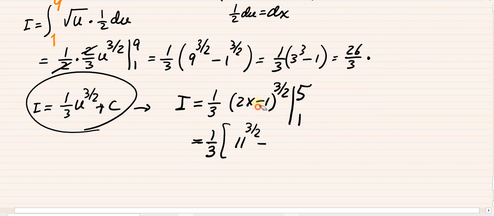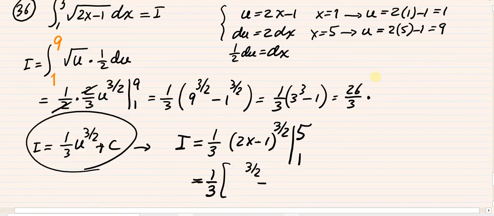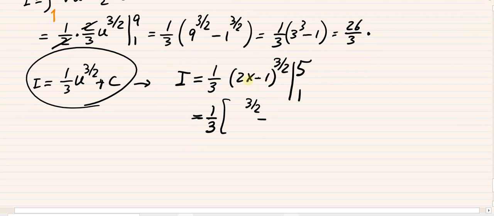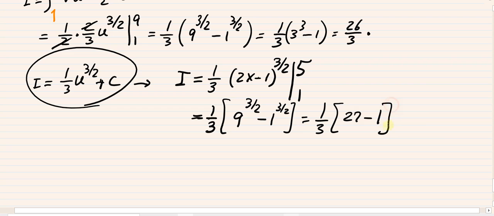Sorry, I knew something wasn't right because of the 11. Didn't like that. Yeah, it's 2x minus 1. So 10 minus 1, that's going to be 9. Better. 9 to 3/2, that's square root of 9 cubed. That's 27. 1 to any power is 1. 1/3 times 26. So we get exactly the same thing here. Okay.